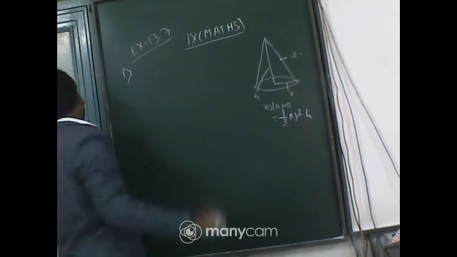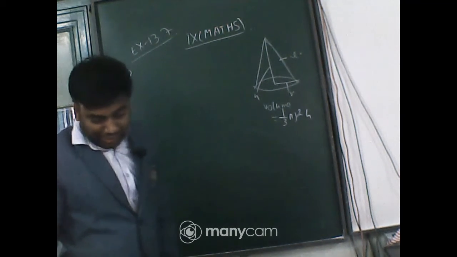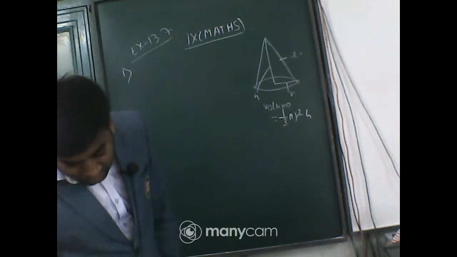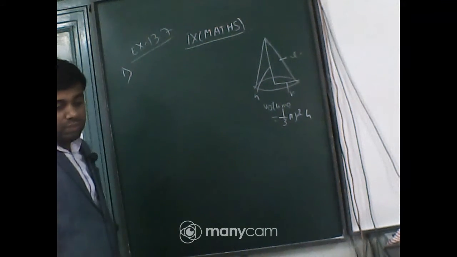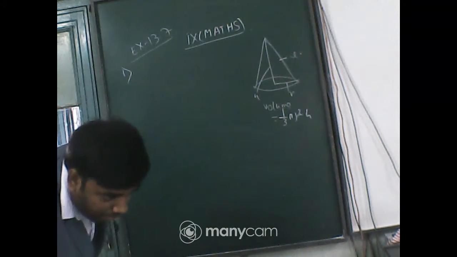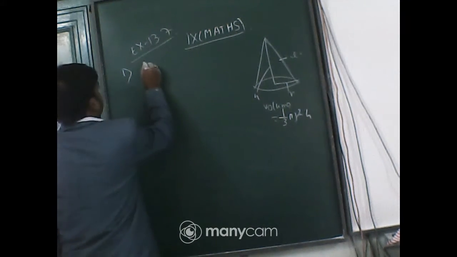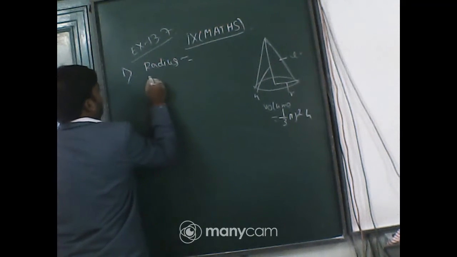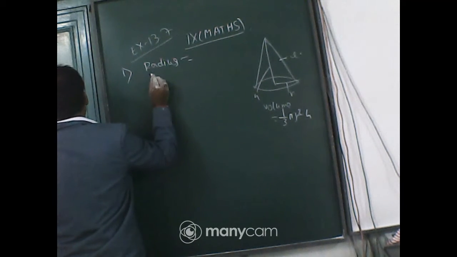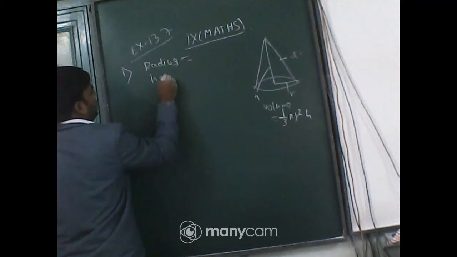Part 1: radius equal to 6 centimeter, height equal to 7 centimeter. So we have to calculate the volume.